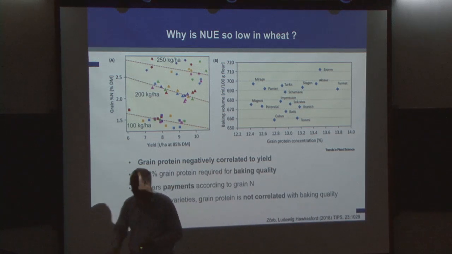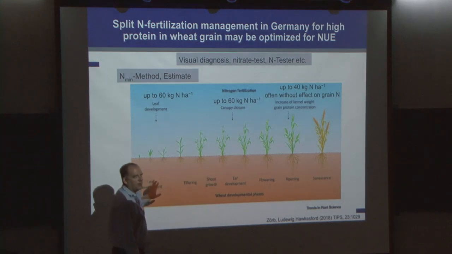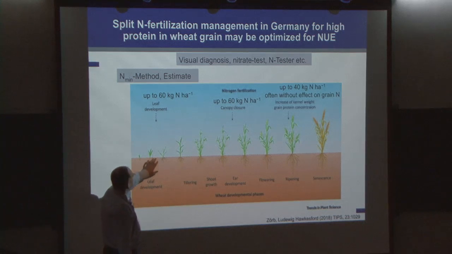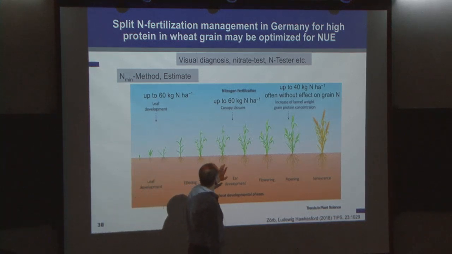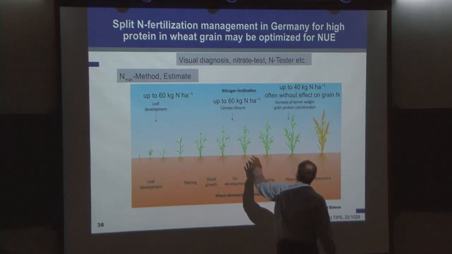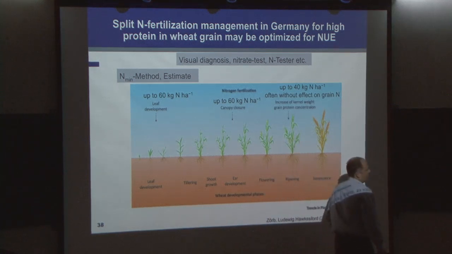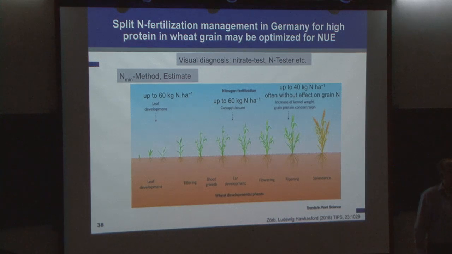So in Germany, we have this system that we have split applications of nitrogen, as I explained a little bit earlier: up to 60 kilograms of nitrogen at the very beginning of the growth phase in early spring, then again 60 kilograms at canopy closure, and a final quality fertilization to increase protein, sometimes as a foliar spray with urea to the plants to increase kernel weight and grain protein concentration, during ripening.